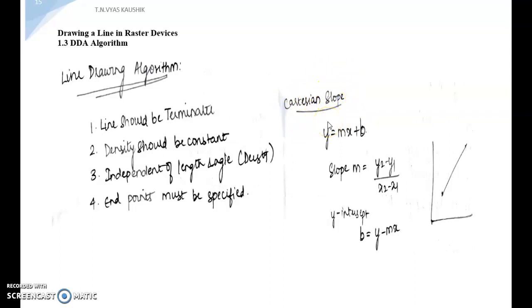Let us take a line equation y = mx + b, where the slope m is defined as (y2 - y1) / (x2 - x1), where y2 and x2 are the end point coordinates and y1 and x1 are the starting point coordinates, and b is the intercept. If you extrapolate the line, it will intercept the y-axis at this point b, and this b can be found by just rearranging, that is b = y - mx.